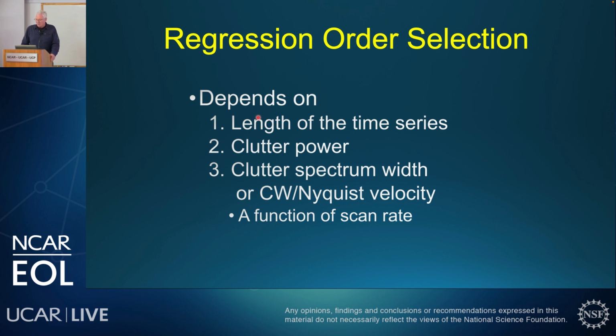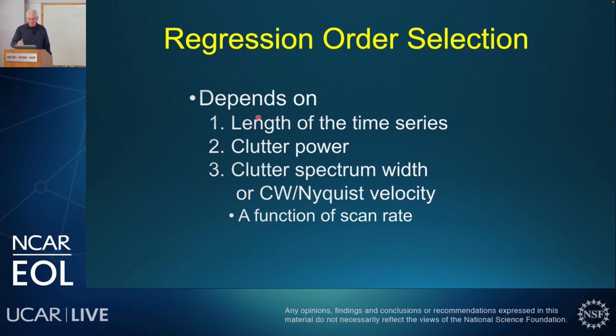But let me talk about the regression order selection. The regression order selection depends upon the length of the time series. It depends upon the amount of clutter power you have in the signal. It depends upon the clutter spectrum width, or the clutter spectrum width divided by the Nyquist velocity, or the folding velocity. And that clutter width is a function of the scan rate.